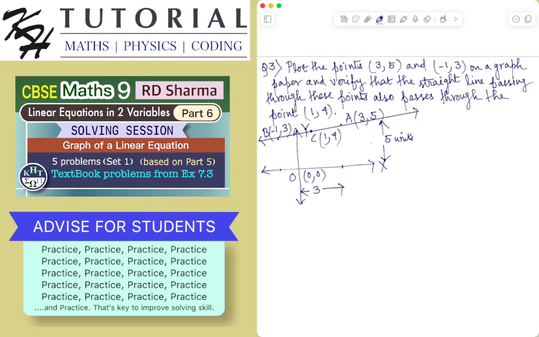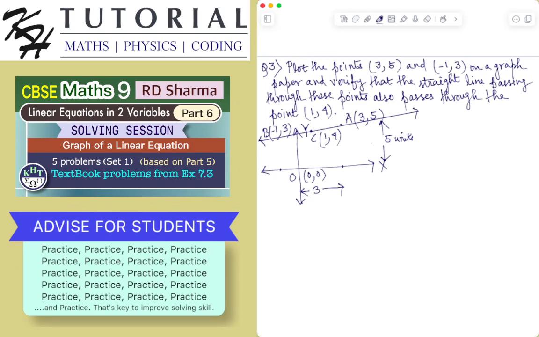Now mathematically, how do I prove that the line joining 2 points, in this case (3, 5) and (-1, 3), passes through another point, that is (1, 4)?